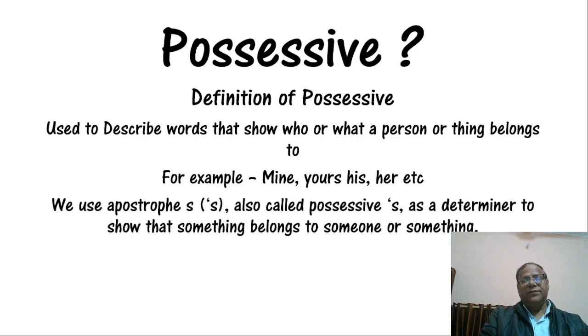We use apostrophe s, also called possessives, as a determiner to show that something belongs to someone or something. कि apostrophe s का यूज भी किया जाता है जो possessives को बताता है. आप ब्रैकेट में देख रहे होंगे कि एक एस के ऊपर एक निशान लगाया हुआ है, इसको apostrophe s बोलते हैं. So this is important.